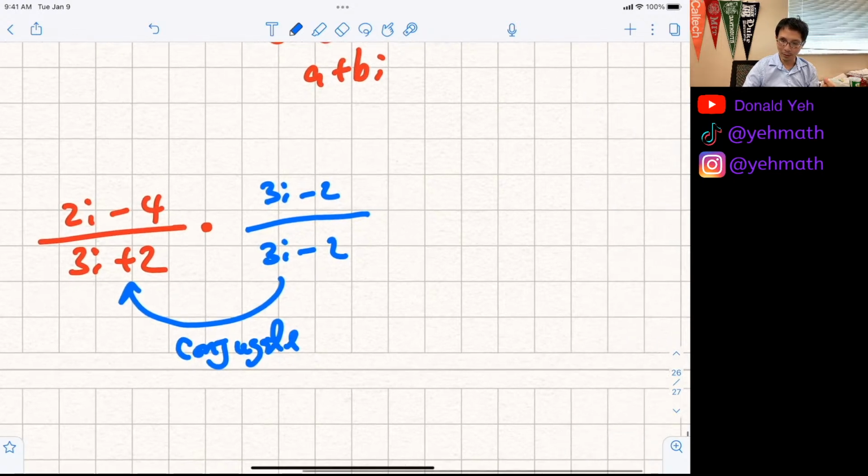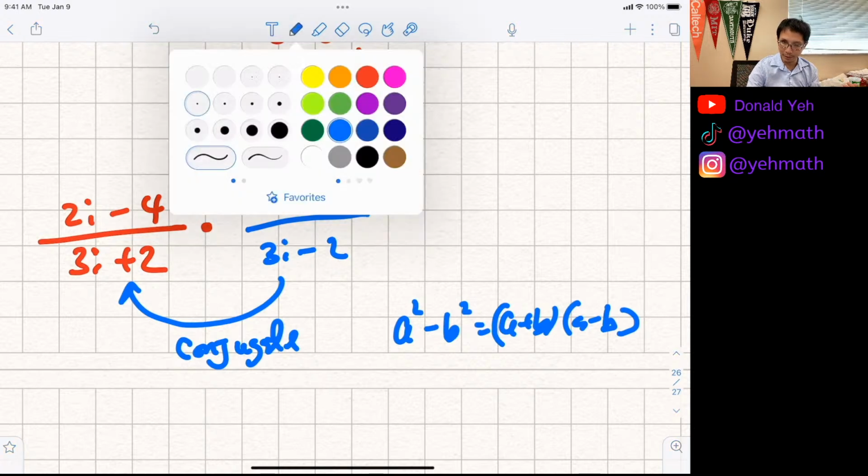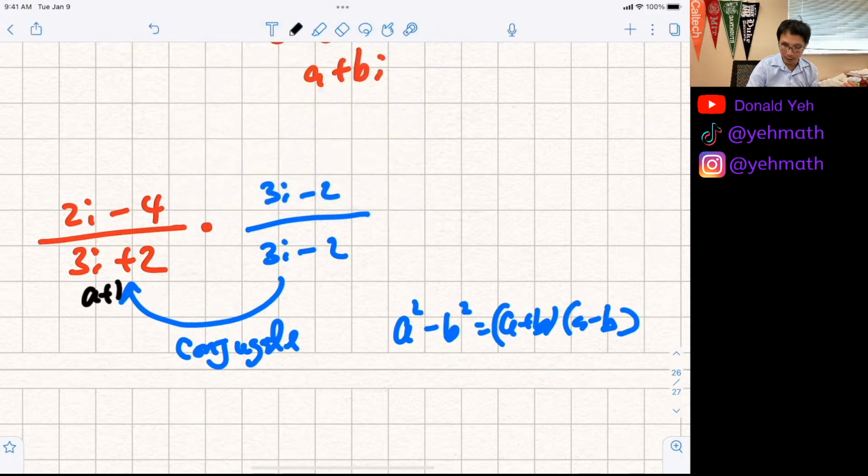What is difference of squares? a squared minus b squared equals a plus b times a minus b. Even when the SAT got so easy, they still have to have a squared minus b squared. It's one of the things that they always have to have there.